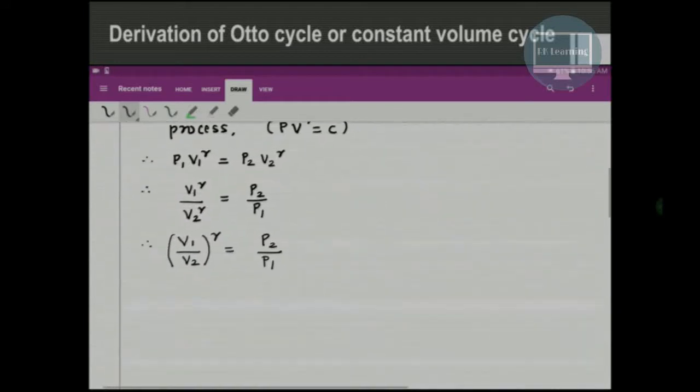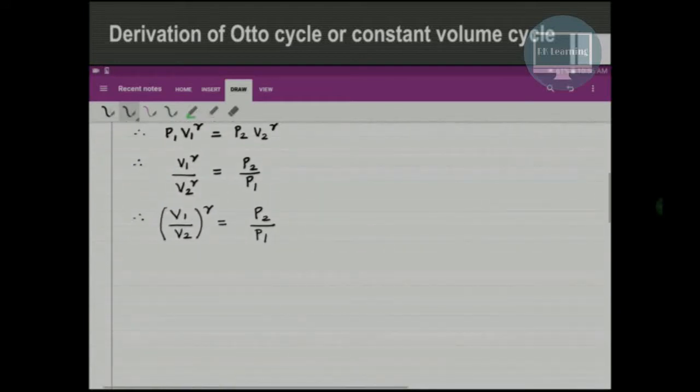It is the compression ratio. So we can substitute that value over here. Therefore, R raised to gamma is equal to P2 by P1, where V1 upon V2 is nothing but the compression ratio R.